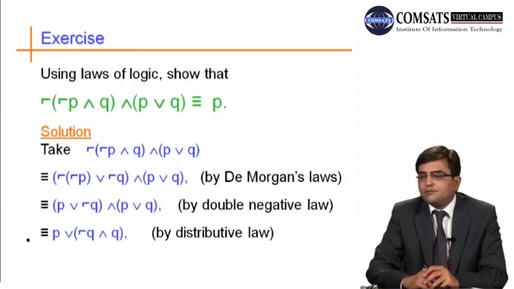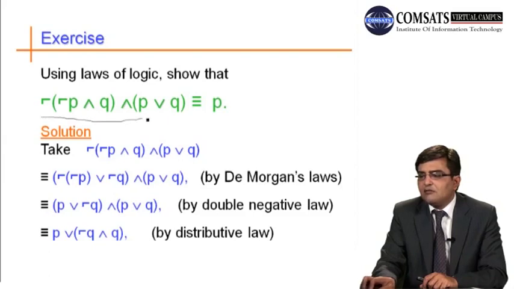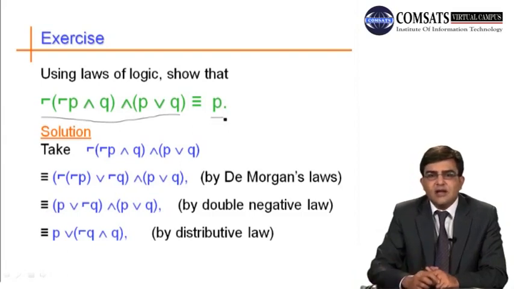Now we prove the logical equivalence of these two propositions. We'll prove this compound proposition is logically equivalent to P using the rules of logic. As I have told you, there are two methods to prove the logical equivalence of compound propositions.